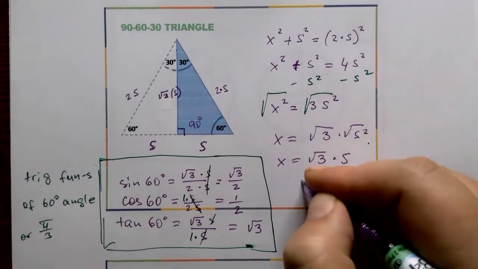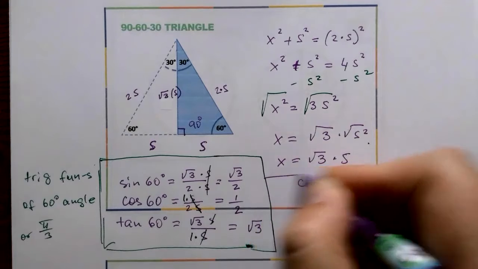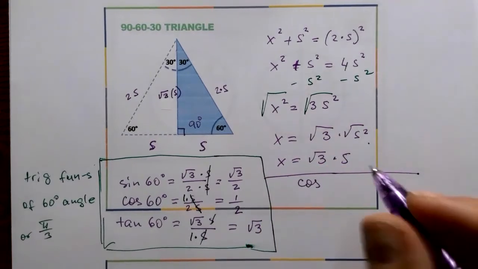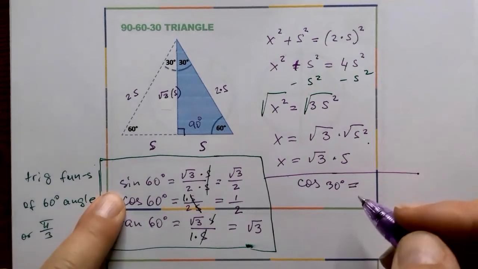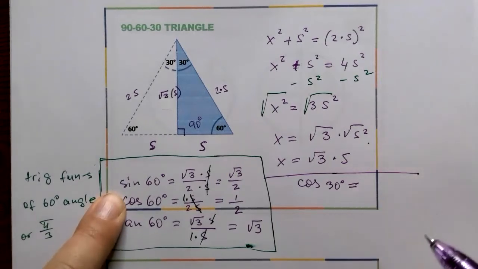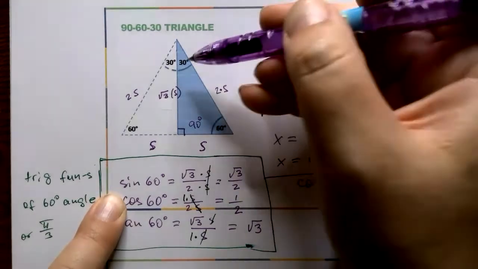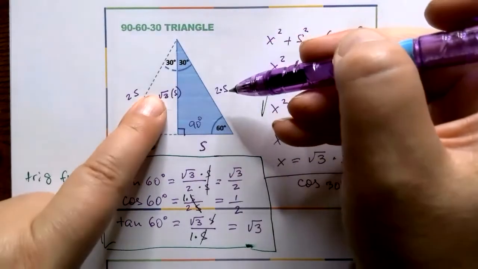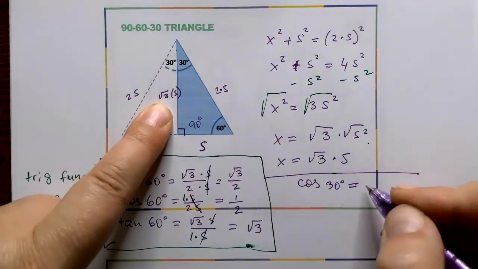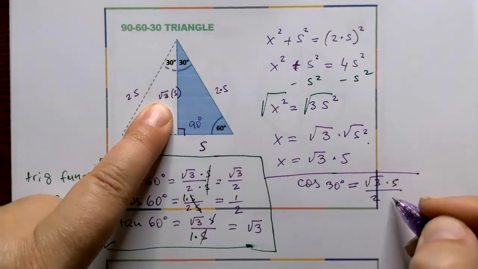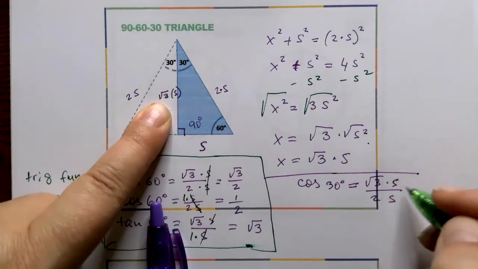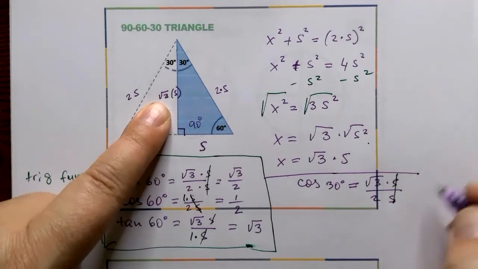Cosine of 30 is adjacent over hypotenuse. So it's going to be square root of 3 times s over 2s, and s will cancel out. We have square root of 3 over 2.